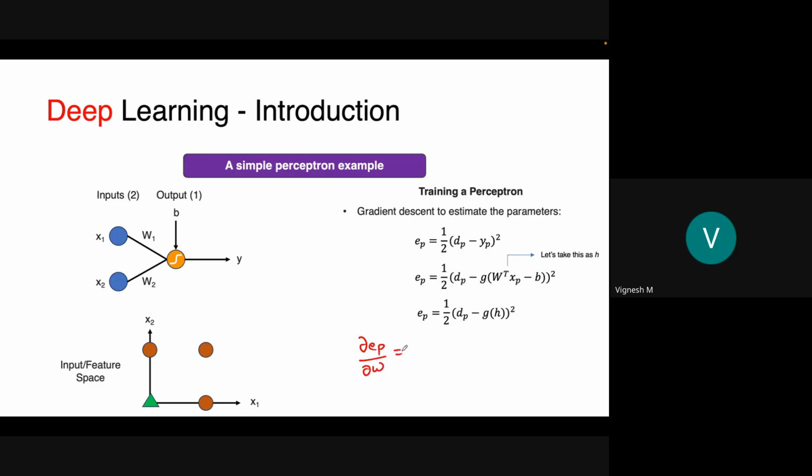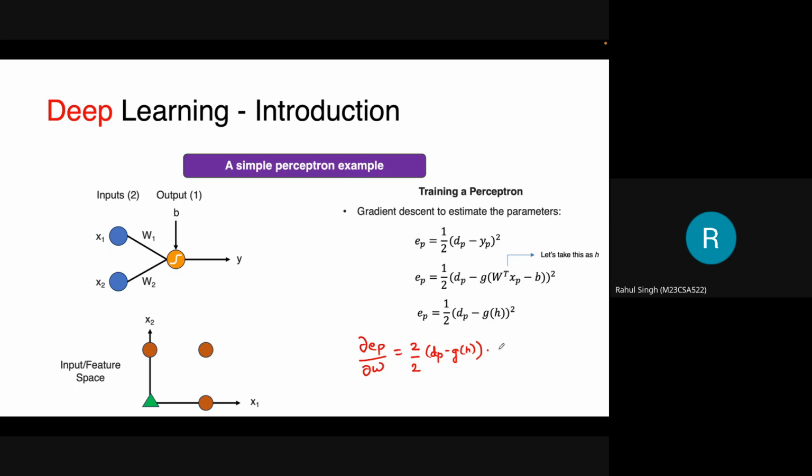What would that be? Any idea, guys? 2 times (d_p minus g of h) into... First, before that, chain rule of differentiation, what do you have to do?